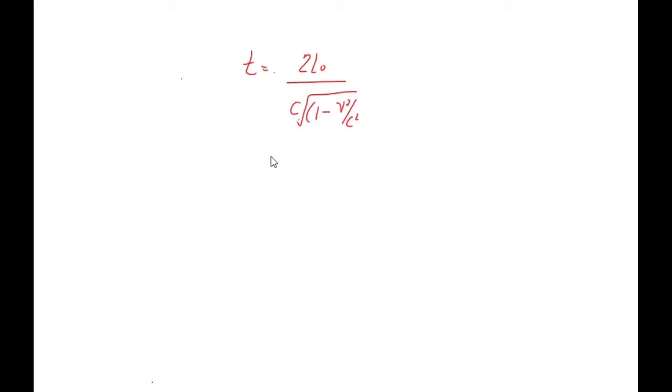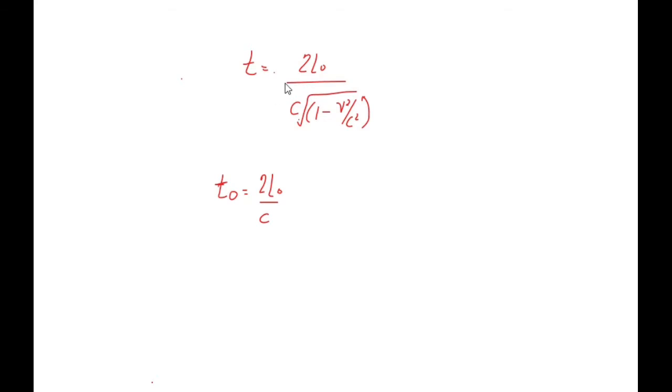Okay, again, that is our derived equation. We have t equals 2 L naught divided by c times square root of 1 minus v squared over c squared. Now recall, in the first equations that we had, when the observer is at rest relative to the light pulse clock, we also have an equation wherein proper time t naught equals 2 L naught divided by c.